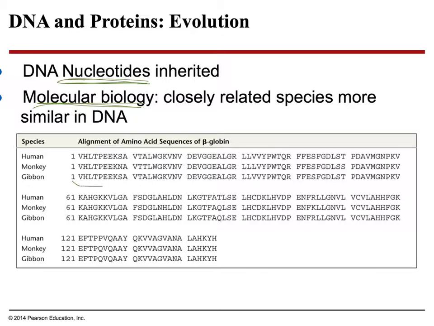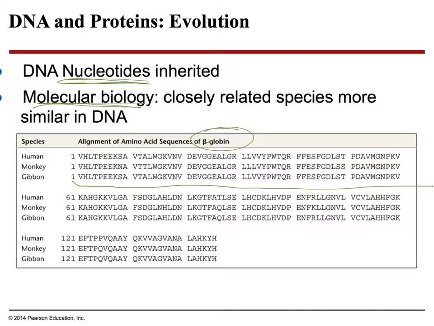So then we can look at these sequences of amino acids, and it shows that it's pretty similar, correct? Everything is pretty much the same between the human, the monkey, and the gibbon for this amino acid sequence for hemoglobin, or the beta globin, I should say.